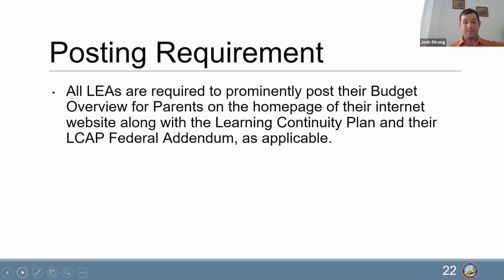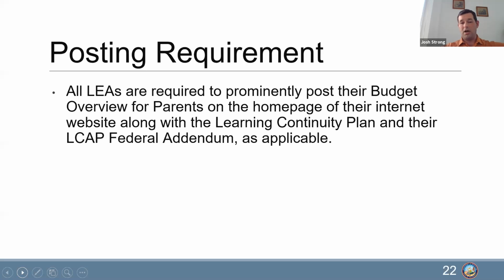Posting requirements. So all LEAs, charter schools, school districts, county offices, everybody's required to prominently post the budget overview for parents on the homepage of their website, along with the learning continuity plan and their LCAP federal addendum as applicable.